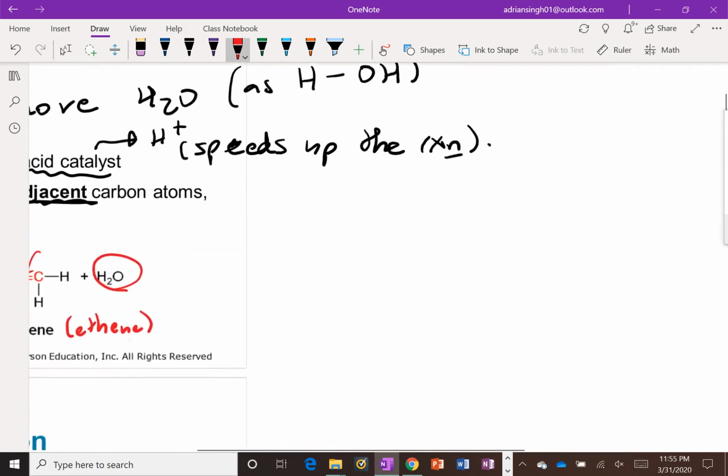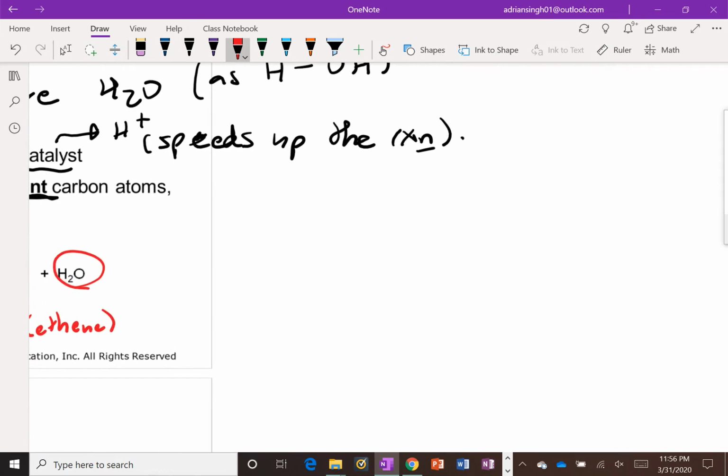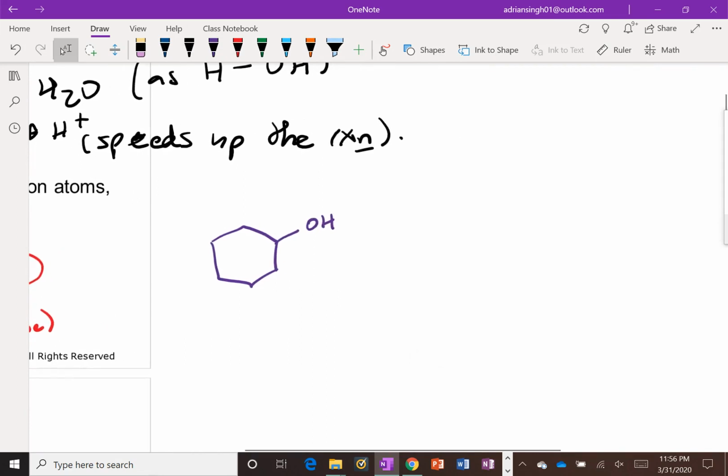Right? If we take a look at another example where this can happen, let's say we had a cyclic alcohol, something like this, and we subjected it to the same conditions. We have heat and we have H+, right?